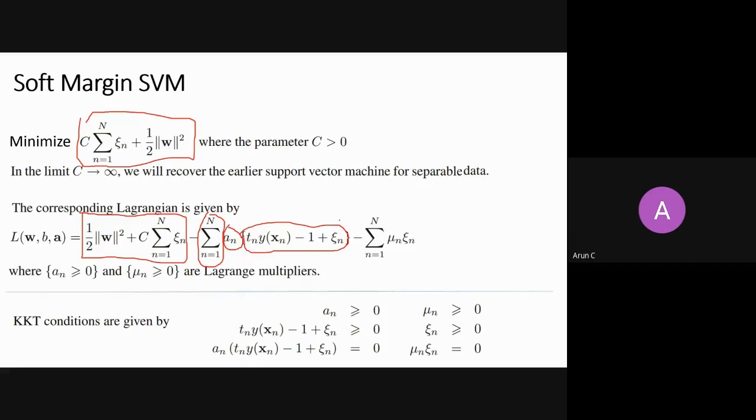Then this is your second constraint for every n, with Lagrangian multipliers mu 1 to mu n, and it is for every n. And because I have said g(x) is greater than or equal to 0, that's why the negative is here. So this is my whole Lagrangian now. Till this point, is there any question?